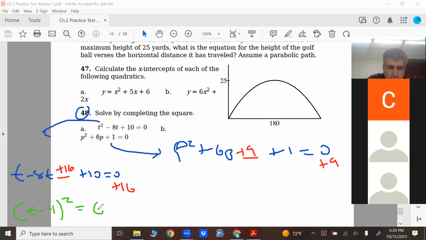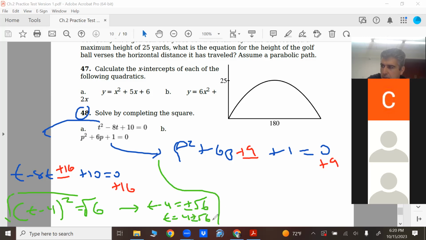And move the 10 over to the other side and square root. So you have that. And then square root.